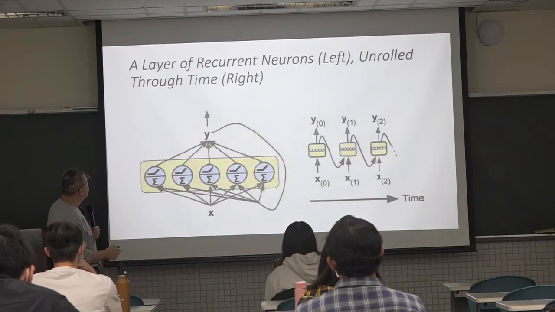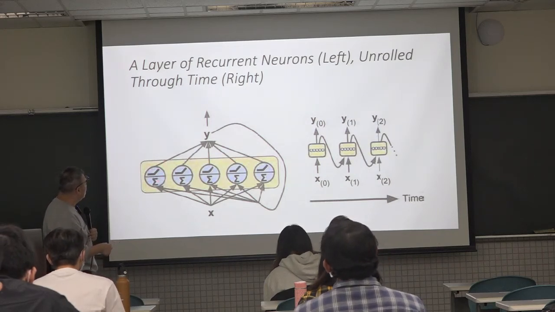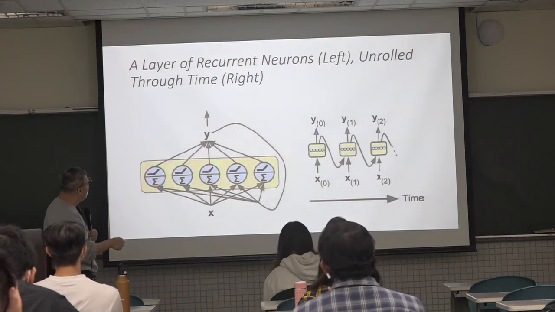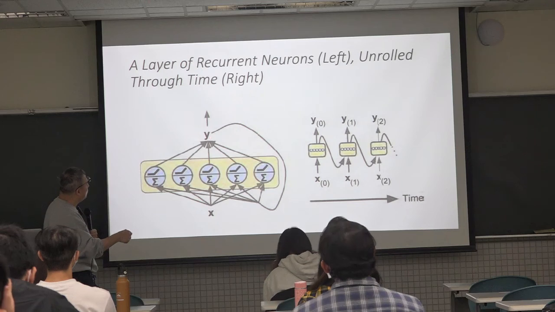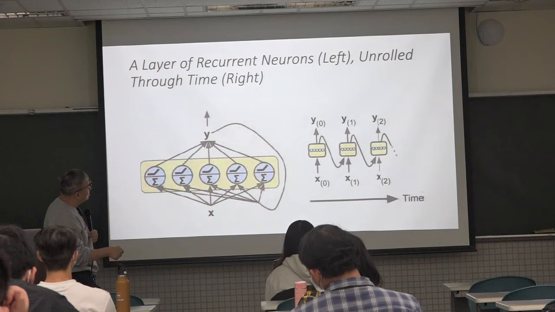If you draw the picture, it's going to look like this. Each of these will output a number, so the collection of these numbers becomes a vector y. This will be the output, and also the feedback to each of these recurrent neurons.